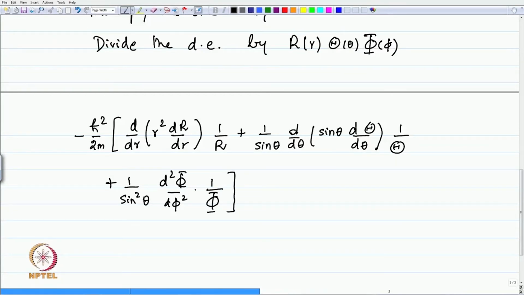Okay, so, this will be the radial part and angular part of the kinetic energy term, and then the remaining, namely minus Z e square r, because we have multiplied everything by r square, by 4 pi epsilon naught, and will not have any function here because that has been divided out, and also what is left over is the E r square, is equal to 0.